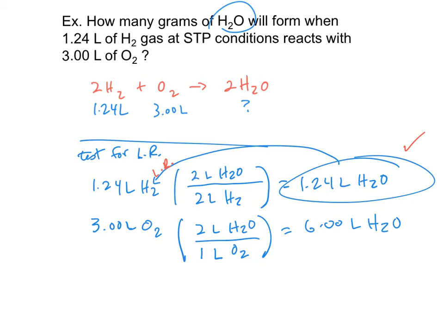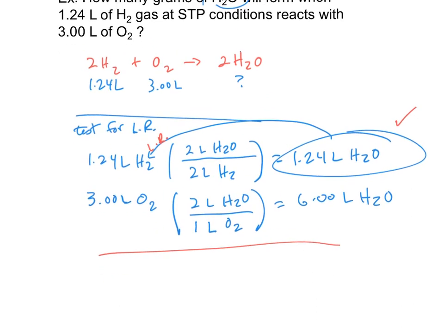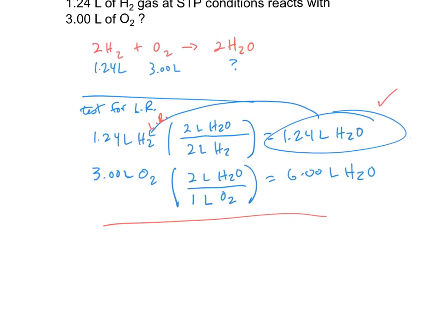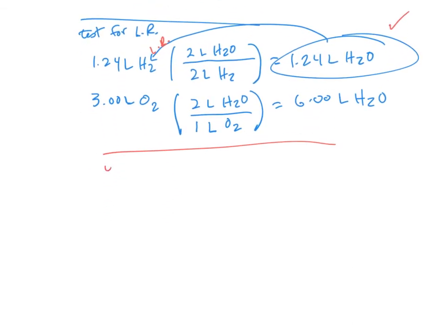So the next step is to just use, at this point with liters, you could use PV equals nRT to get n, and then go to grams. Or you could use the molar volume, since this is an STP condition situation.